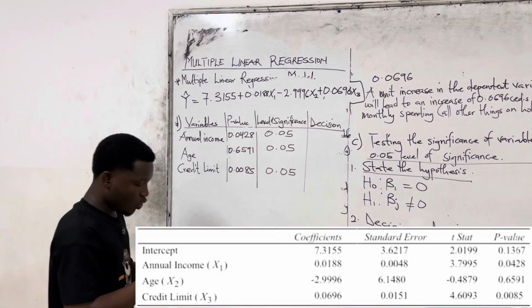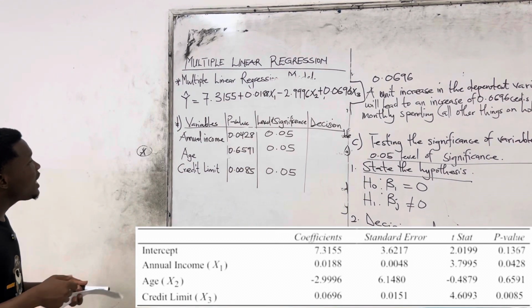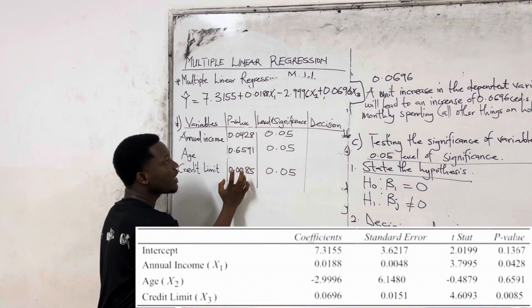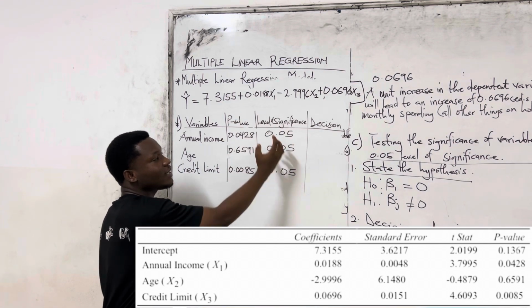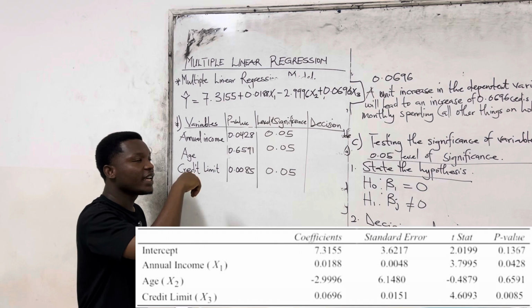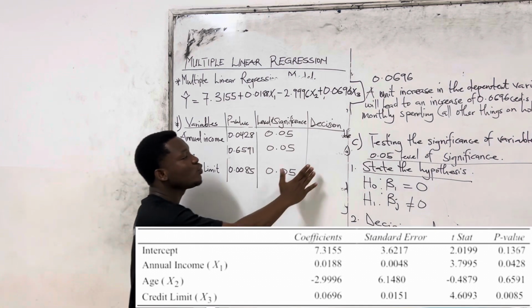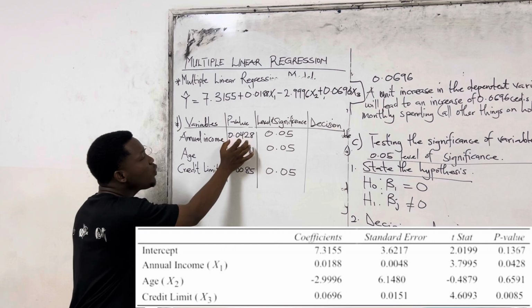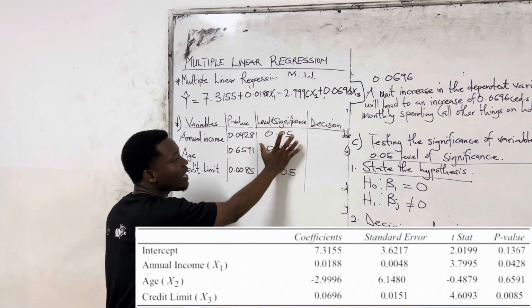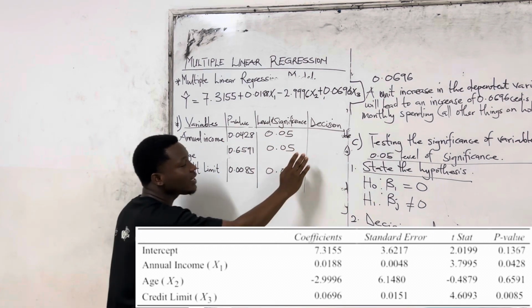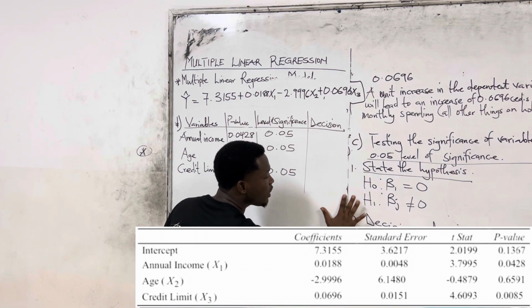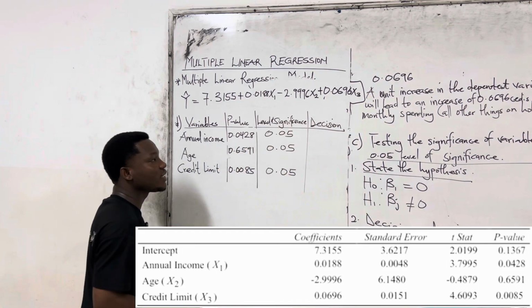Now, all that we are trying to say is if your p-value here is greater than the significance level that has been given to us in the question, then the decision has to be not significant. But if your p-value is less than the level of significance, then the decision has to be significant. It has to fit the model, because the level given to you is 0.05.